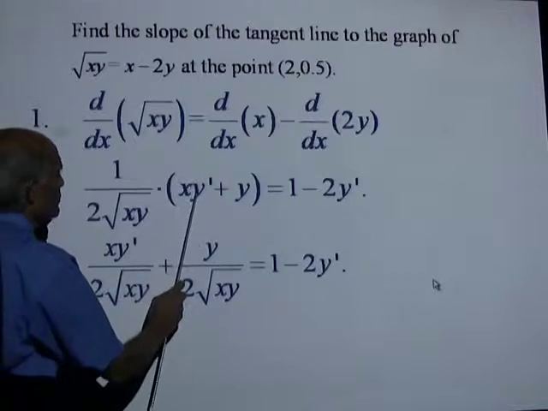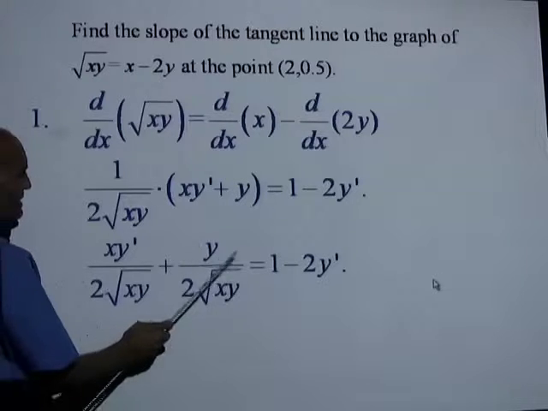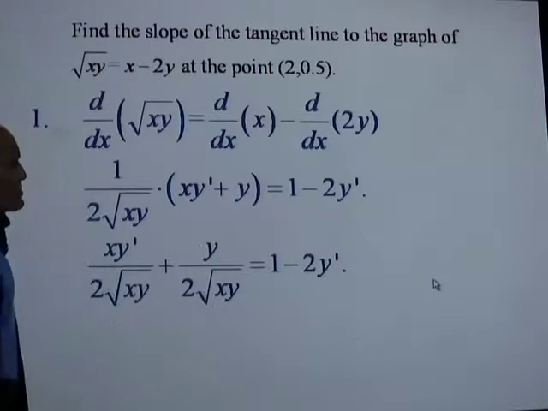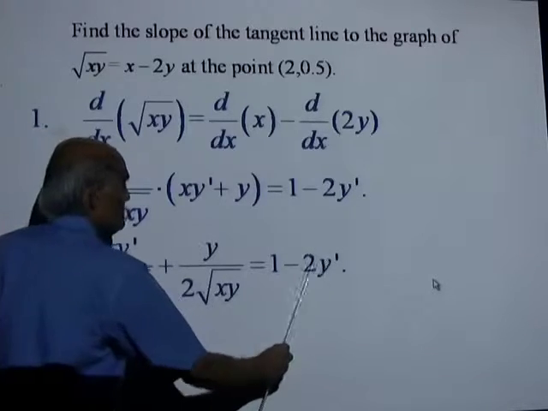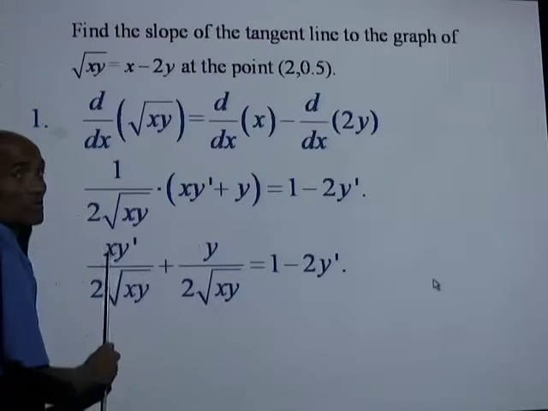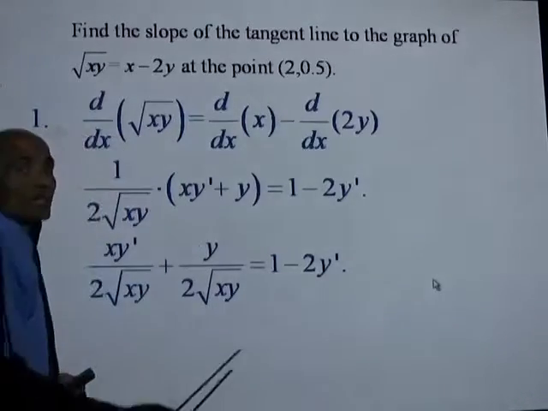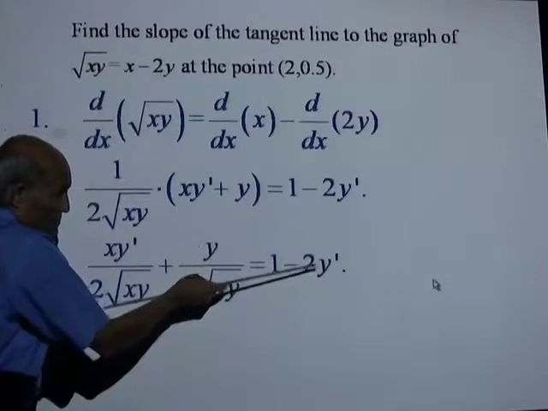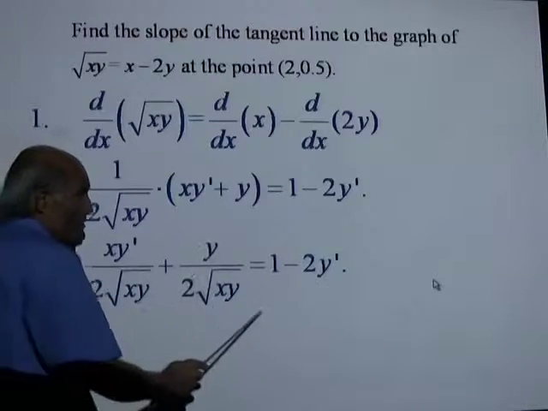This multiplied by this, plus this multiplied by this, will give you this, equal to 1 minus 2y prime. There are two terms that contain y prime. We need to keep them on the left side and the others on the right side. So take the negative 2y prime to the left and take this term to the right.